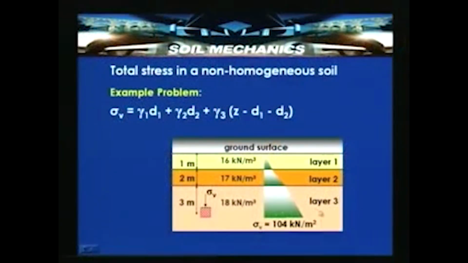So, sigma v, what we determined from this example, is 104 kilonewton per meter square. So, we have seen a homogeneous soil without any impounded water and with impounded water, and a stratified soil, something like a non-homogeneous soil, and with these 3 examples we tried to determine the total stress at a particular depth below the ground surface.